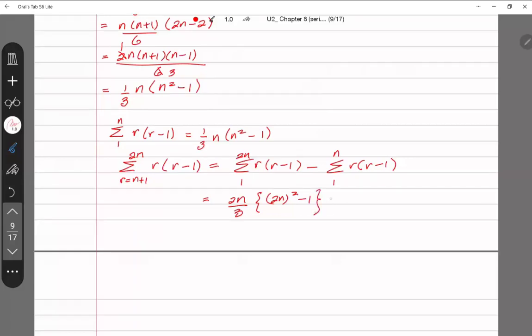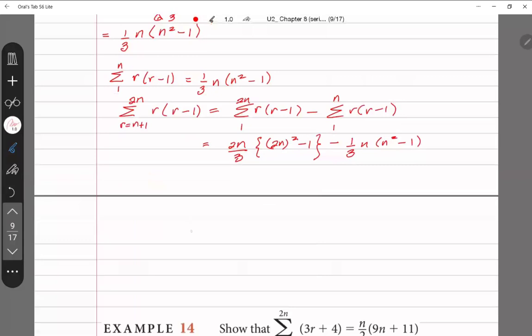And then over here, that's the same as what we have up there. So it's 1/3 n into n squared minus 1. All right, the denominator is common, so I can form one fraction. Or we could just factor out 1/3 n.